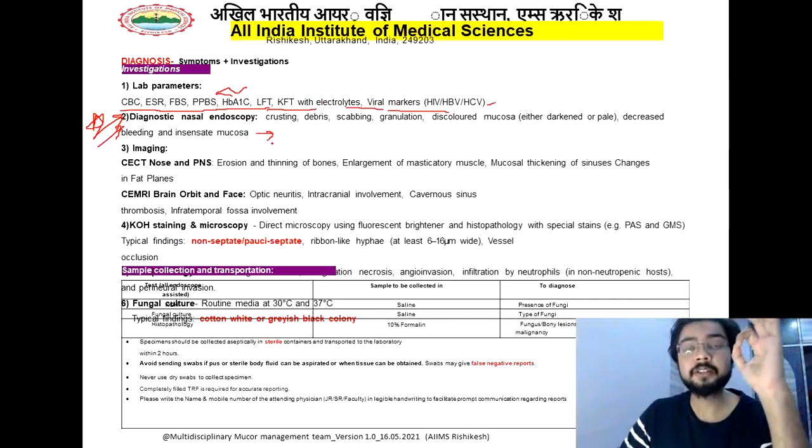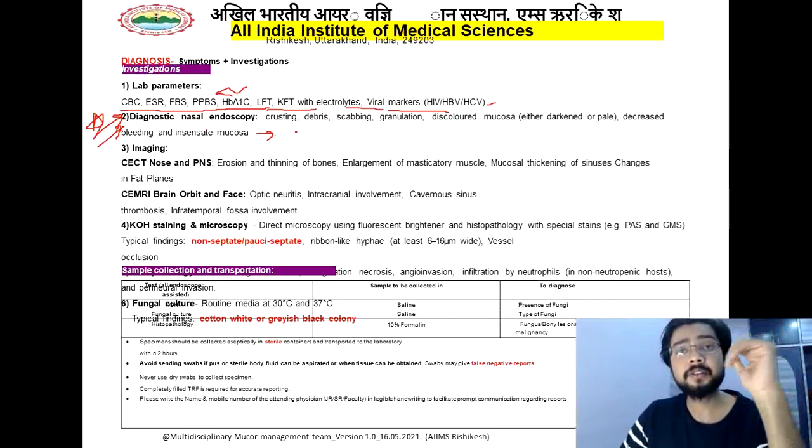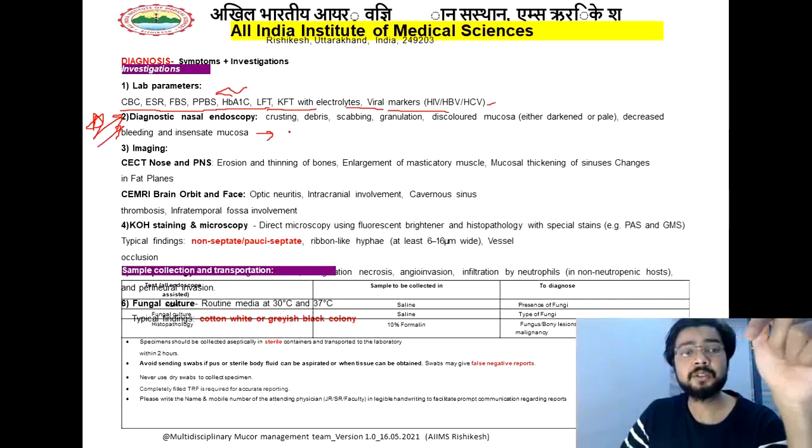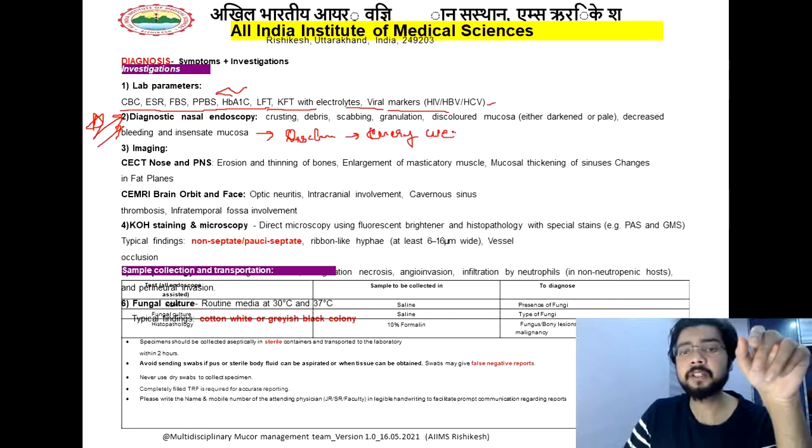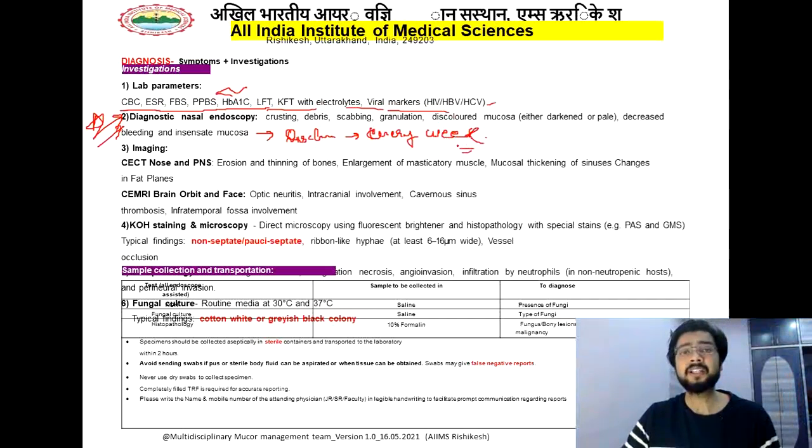It is a general consensus that every severe COVID-19 patient or long-stay patient or patient on steroids should get a diagnostic nasal endoscopy done at discharge, and then every week for screening, for early detection of mucormycosis.